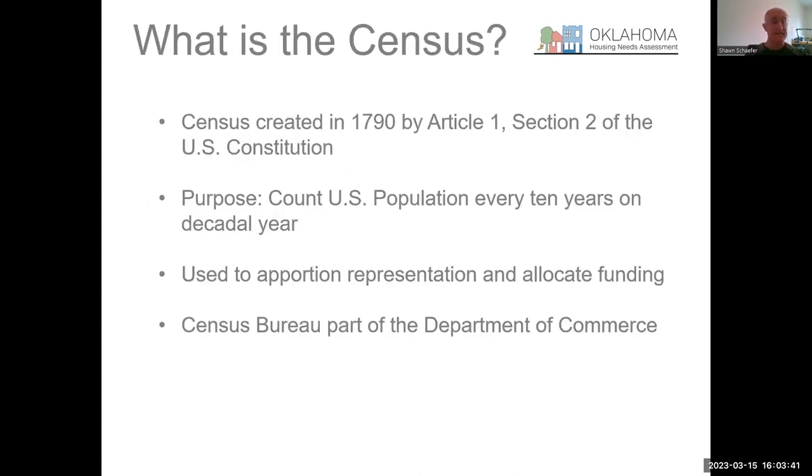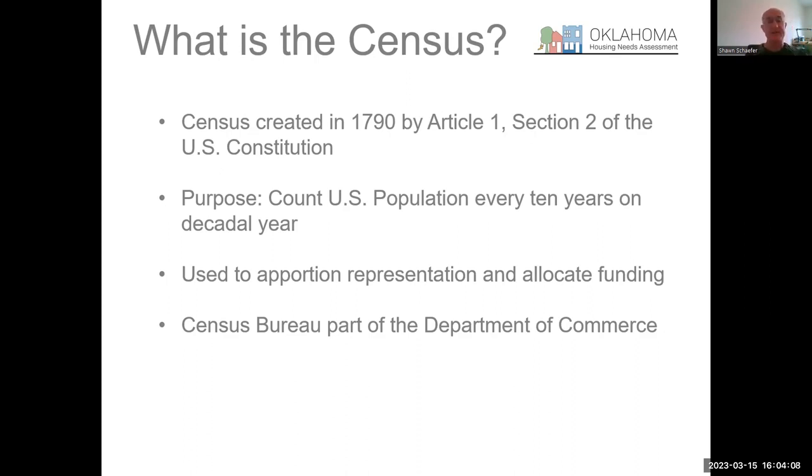So what is the census? What does the Census Bureau do? The census was actually created in 1790 by the Congress of the United States, and it's in the Constitution, Article 1, Section 2, that there'll be a count every 10 years on the decadal year, right? So 2010, 2020, 2030.